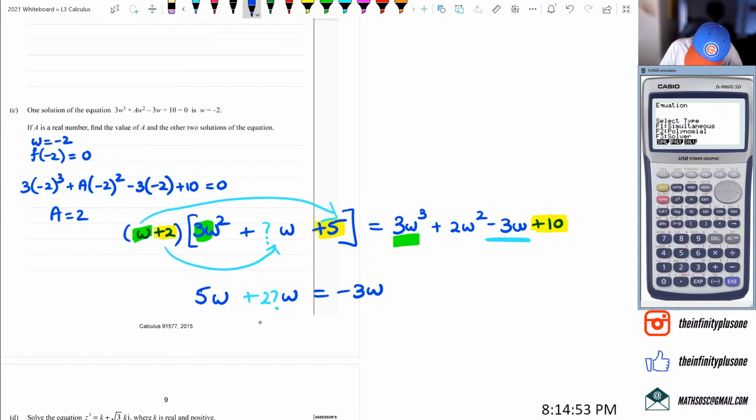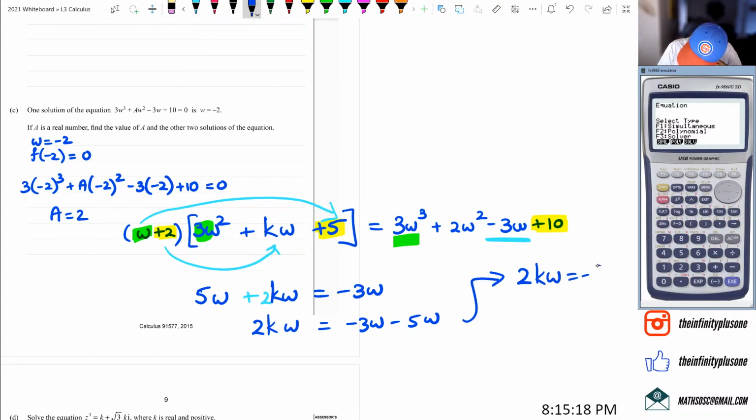So I've got 2 question-mark w equal to minus 3w minus 5w, whatever that question mark is. I'll just put that as K. Sorry, guys, I knew I was going to mess up this question. So 2KW equals minus 8W. Then K is equal to negative 8W divided by 2W, so K is equal to negative 4.